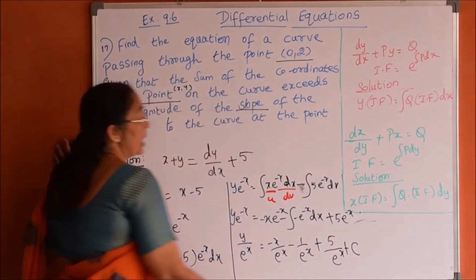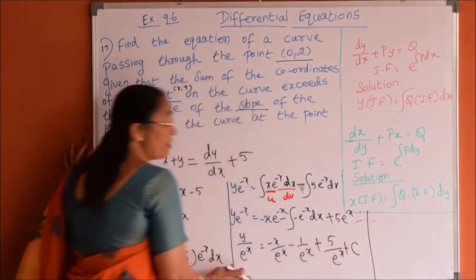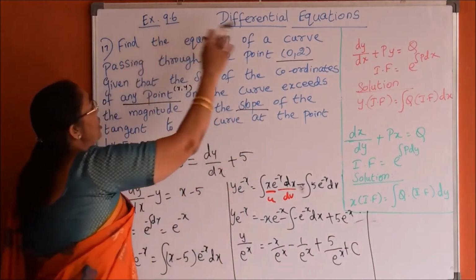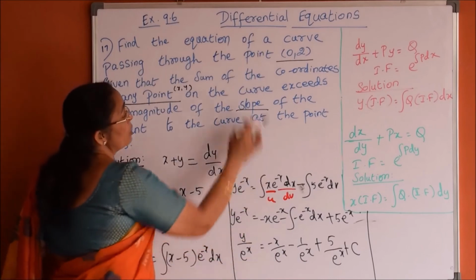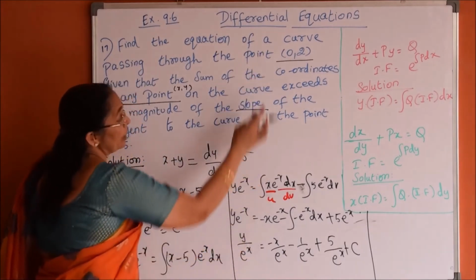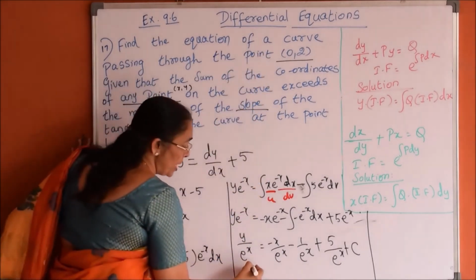Now, to get the c value, this is our required equation of the curve which passes through the point (0, 2). So, substituting the point (0, 2), that means y is 2 when x is 0.